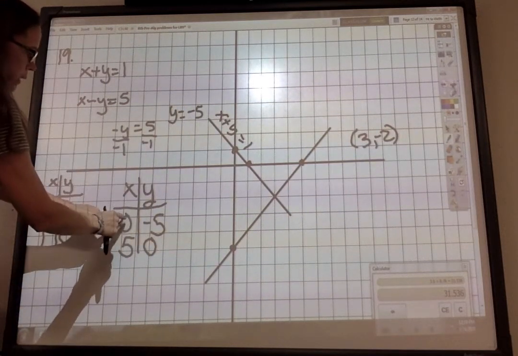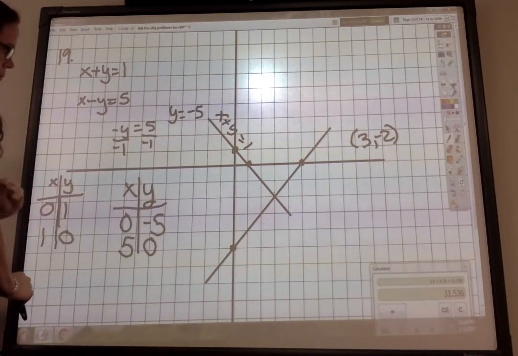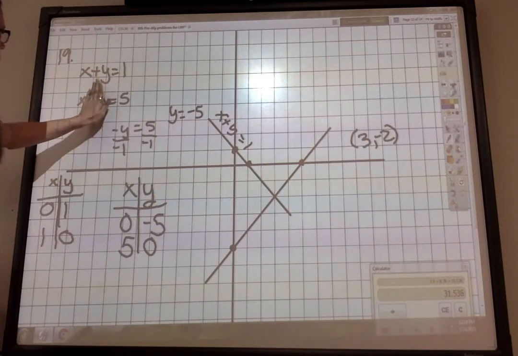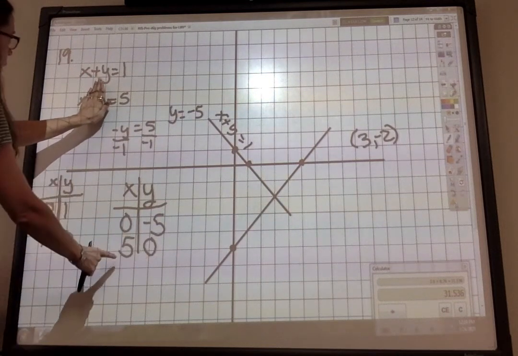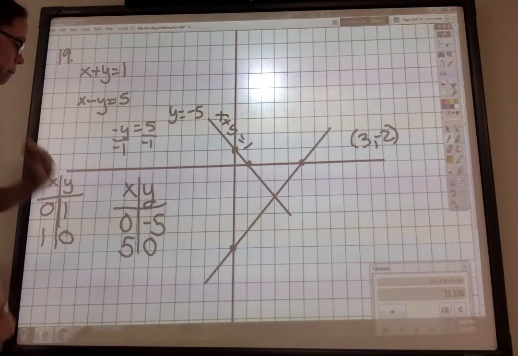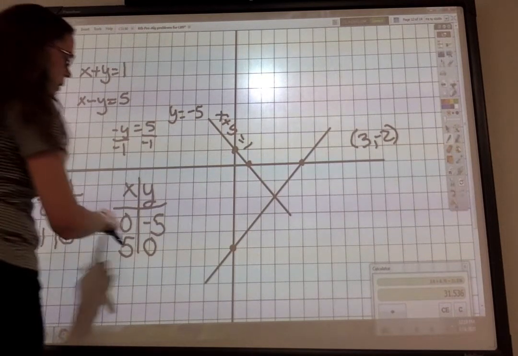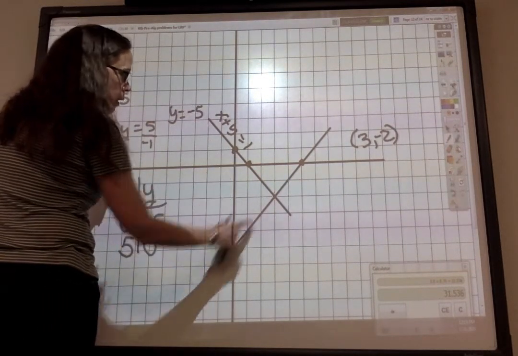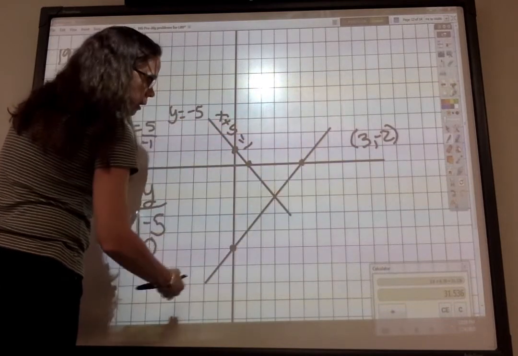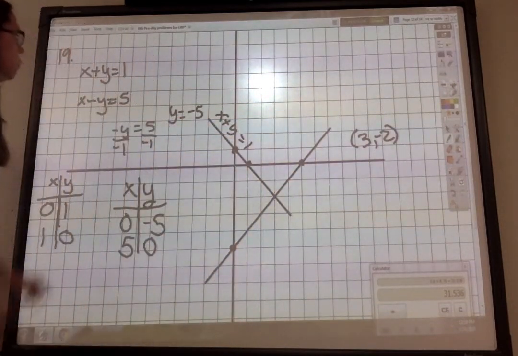So if x is 0, y is negative 5. If y is 0, x is 5. So now I can graph here. 0, negative 5, and 5, 0. So this line represents the graph of x minus y equals 5.